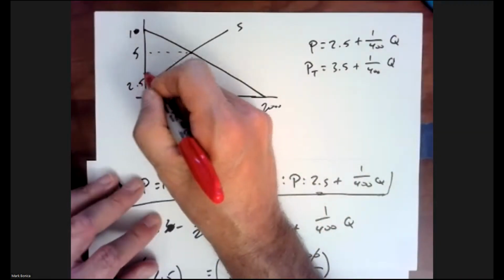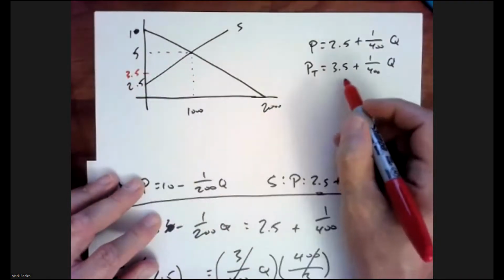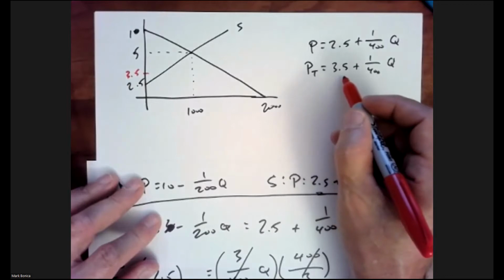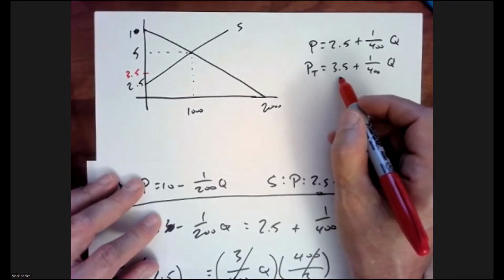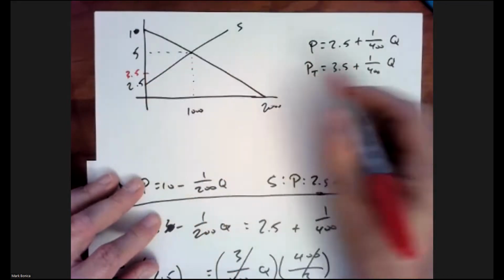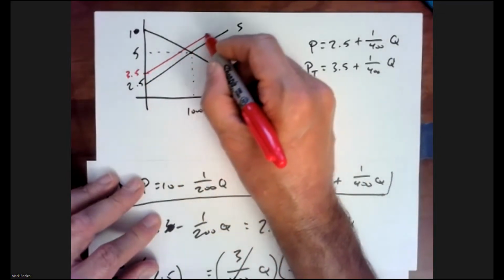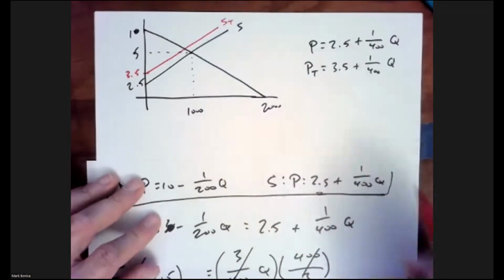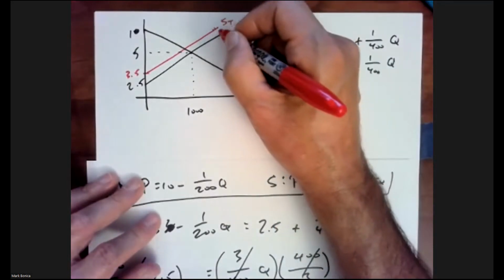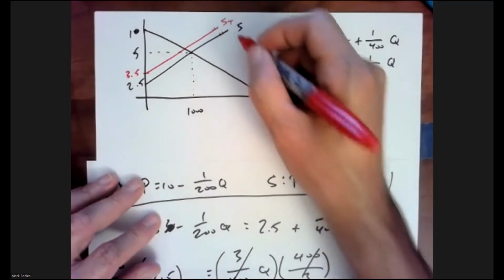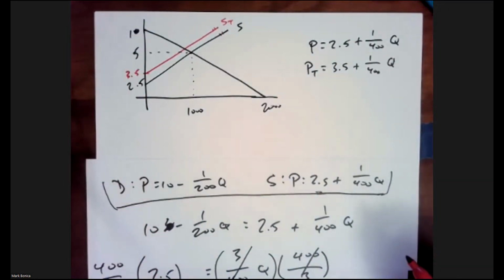Well, it's going to start at 3.5 because that's the new intercept, right? And it's going to go up, but it still has the same slope. So it's going to go up at the same rate as before, right? So these two lines are parallel. That's what those two hash marks mean, that they are parallel.